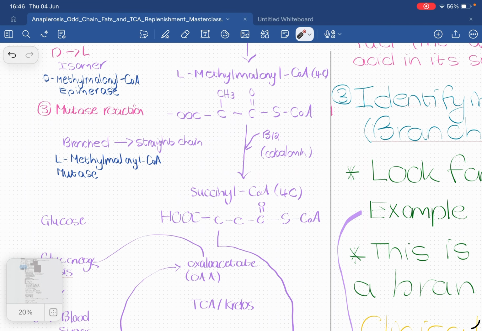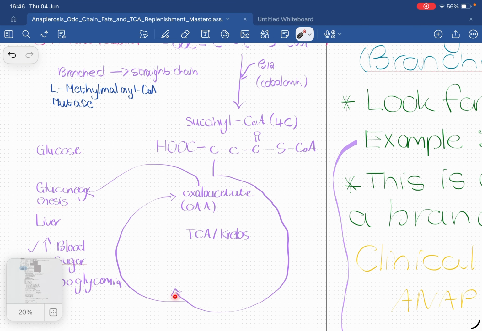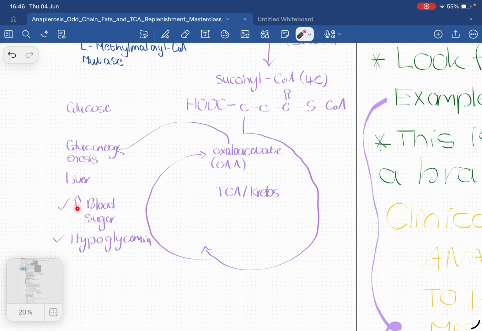Now our resulting succinyl-CoA will enter the TCA cycle to replenish the succinyl-CoA over here, and then it will be converted into oxaloacetate during the various steps in the TCA cycle. And this oxaloacetate that is now more will be converted into glucose during the process of gluconeogenesis in the liver. And this then will elevate the blood sugar levels to counter hypoglycemia.